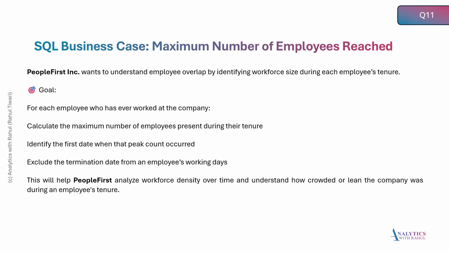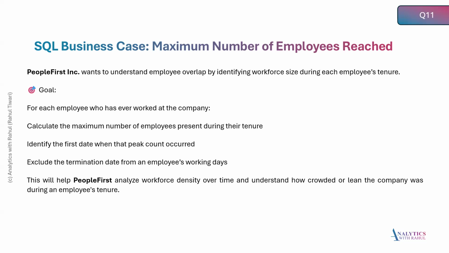The goal here is, for each employee who has ever worked at the company, calculate the maximum number of employees present during this tenure. Identify the first date when that peak count occurred. Exclude the termination date from the employee's working days. This will help People First analyze workforce density over time and understand how crowded or lean the company was during the employee's tenure.